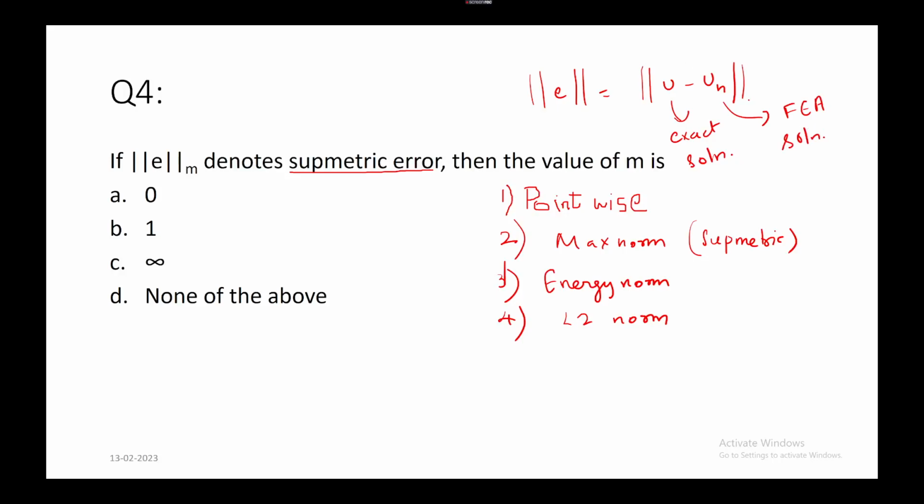Here you would have seen there will be some kind of subscript, M or whatever. So if this M is for the supremum error, what could it be? Can you take any guess? Even if you are not sure about the answer, you can just guess. We'll see whether it is right or not.